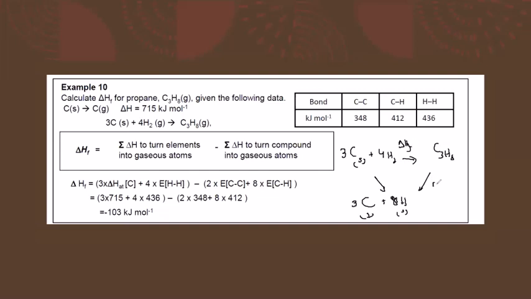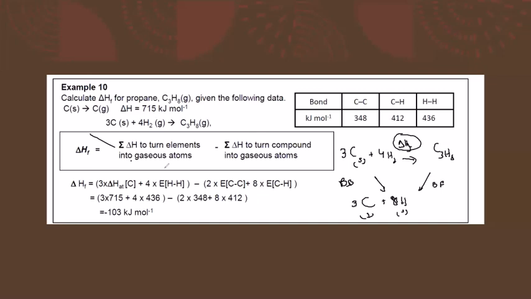This one is bond breaking and bond forming: bond energy for product, and this one is bond energy for reactant. So the enthalpy change to turn the elements into gaseous atoms minus the enthalpy change to turn the compound into gaseous atoms equals the enthalpy change of formation.